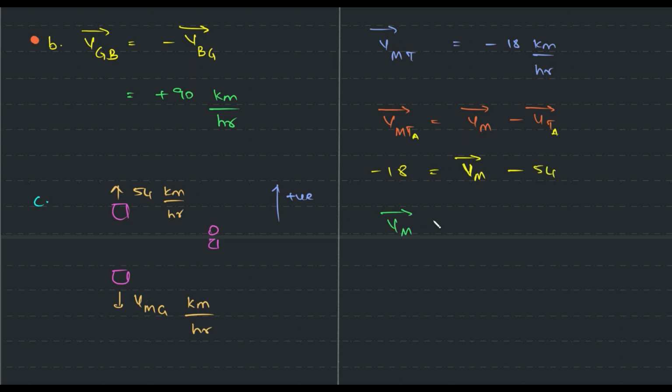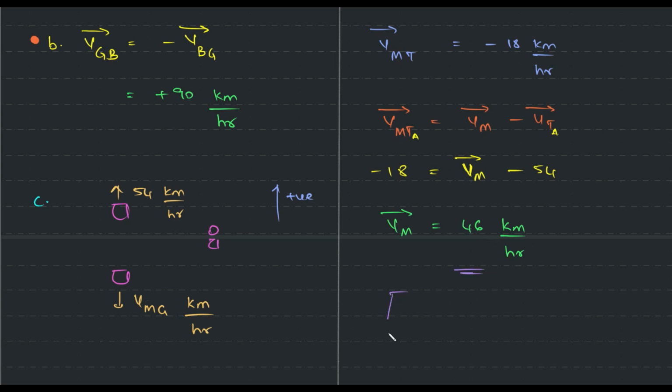So Vm is equal to, if I transpose, 46 kilometers per hour. Even though the monkey is moving away from the train, the train itself is moving away from the person on the ground. So it's going northwards. Basically this is 46 kilometers per hour.